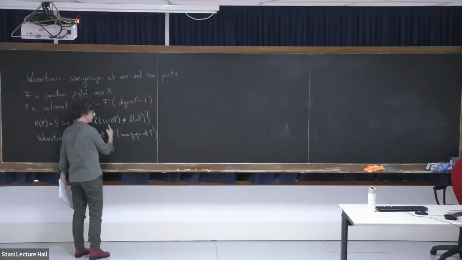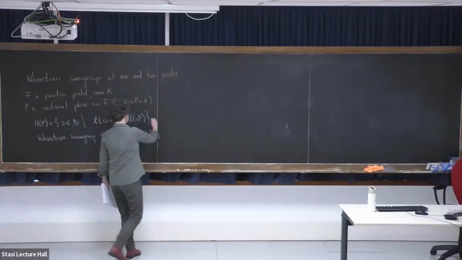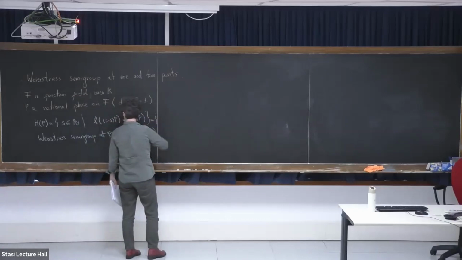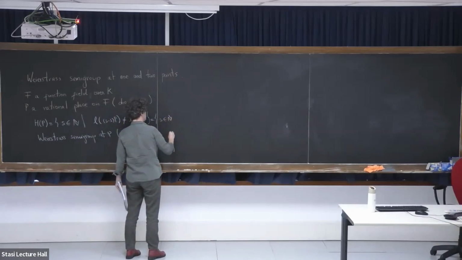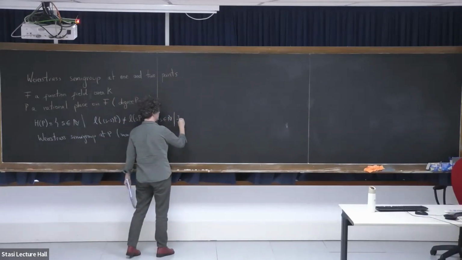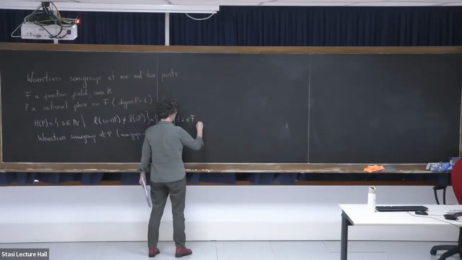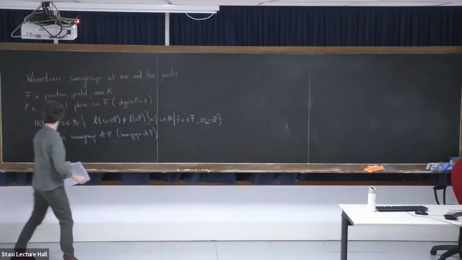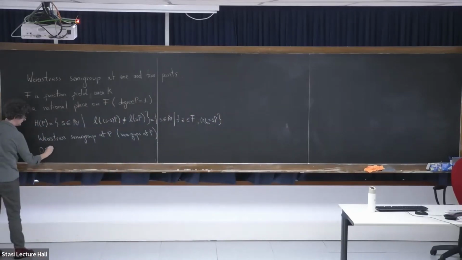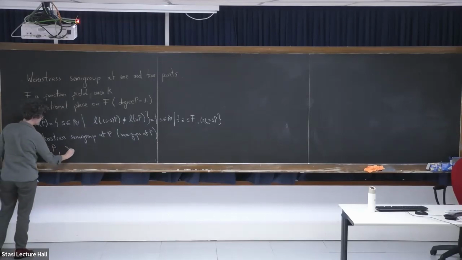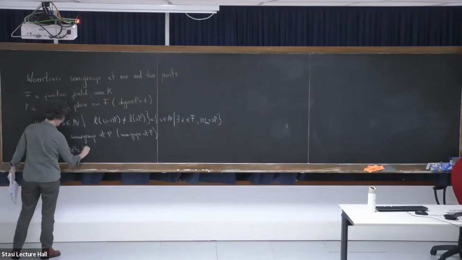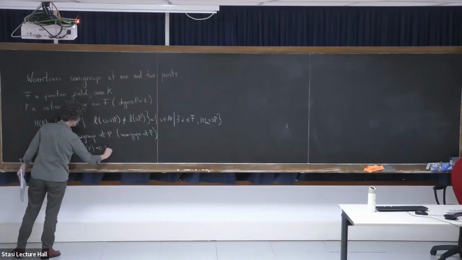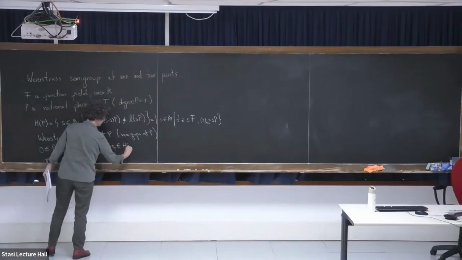This means that there is a function with pole divisor exactly equal to S P. So this set is also equal to the natural numbers S such that there is a function in L(S P) with pole divisor equal to S P. And we know that 0 is always here, and we also know that it's a semigroup. It means that if you have S1 and S2 here, then the sum is always in the semigroup. Okay?